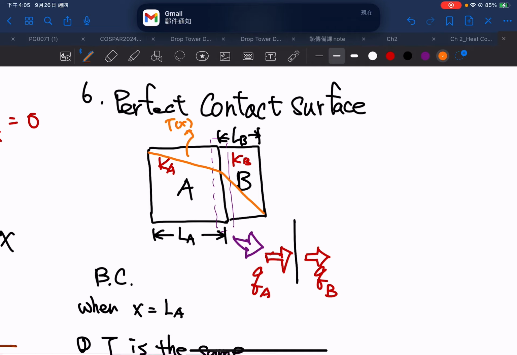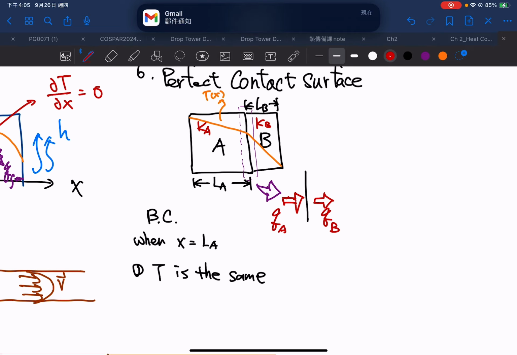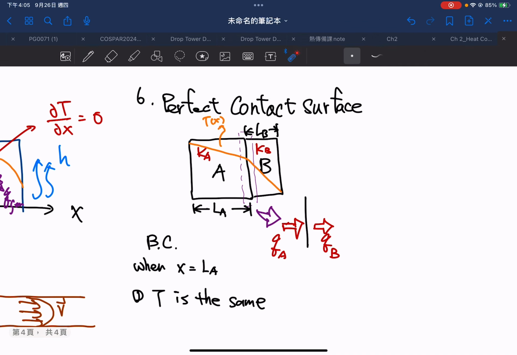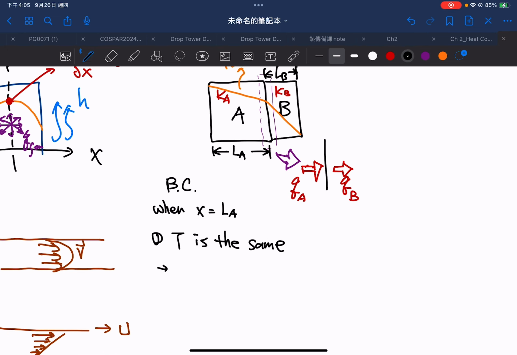But because of the perfect contact interface, at that point the T will be the same, whether from the perspective of A looking towards B or B looking towards A. So we can write it down: TA at x equals LA equals TB at x equals LA.